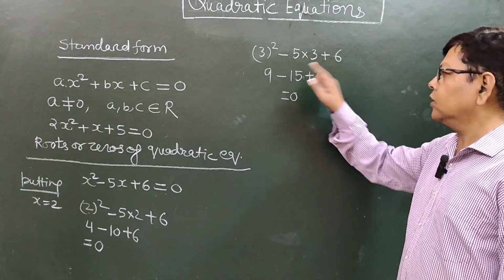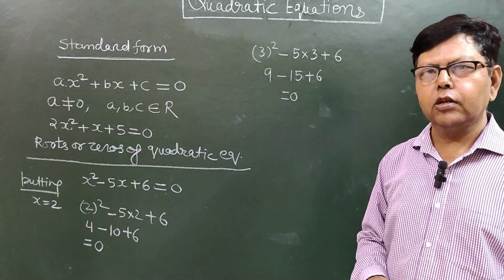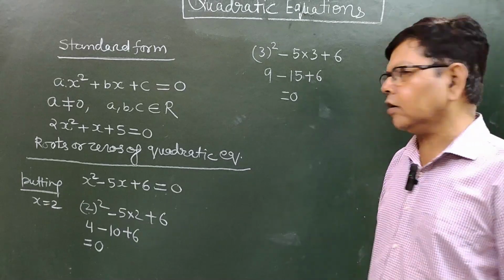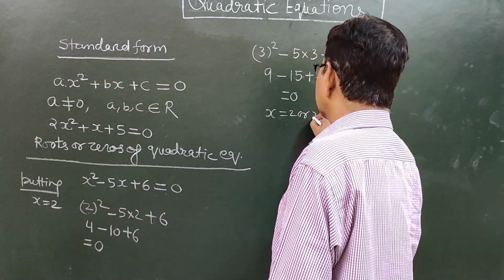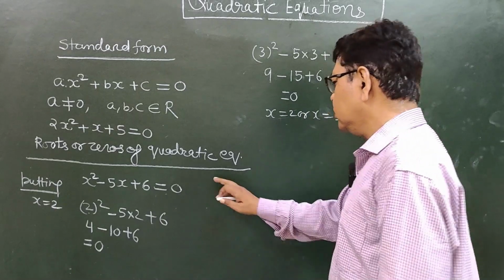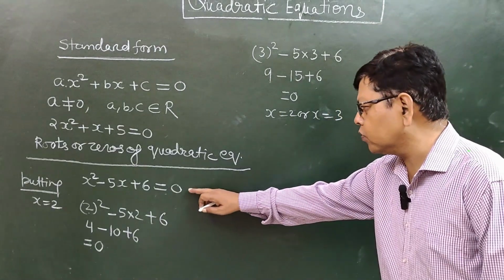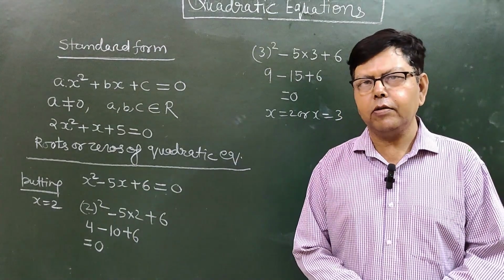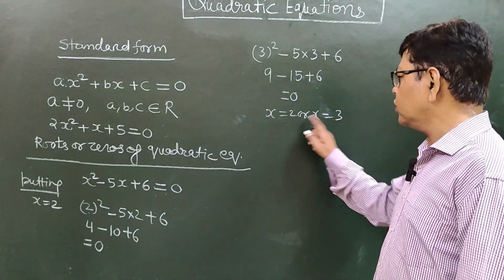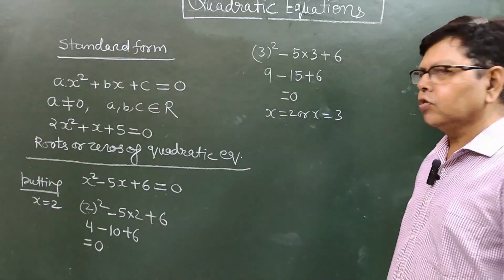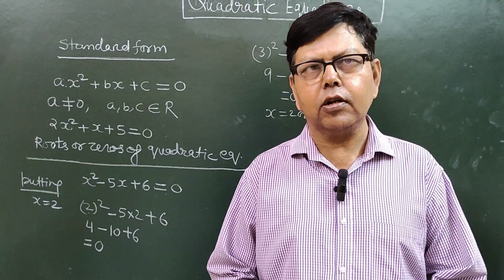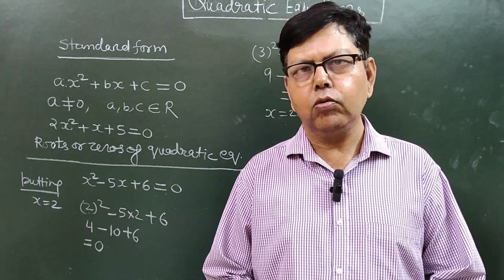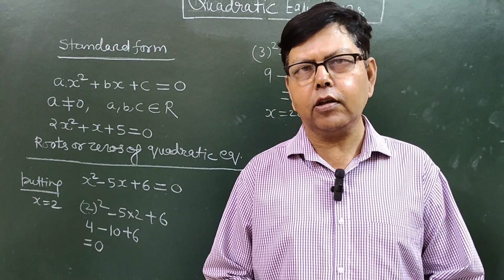So x equal to 3 also satisfies the quadratic equation. So I have got the two values x equal to 2 and x equal to 3 which satisfy this equation x square minus 5x plus 6. So these are the two zeros of this quadratic equation. So you can say the zeros of a quadratic equation are real values which satisfy the quadratic equation.